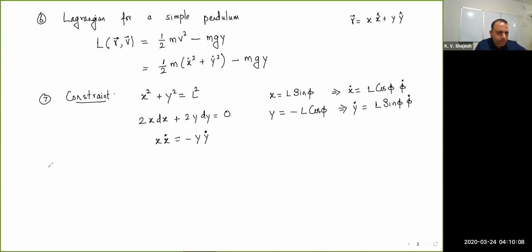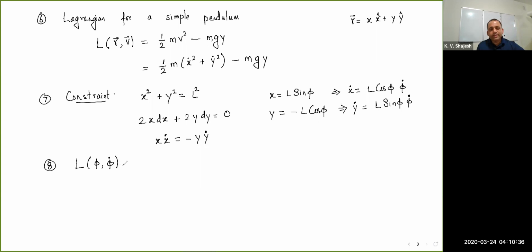That's the equation of constraint, and we immediately get the Lagrangian in terms of this. We can replace x dot squared plus y dot squared. It turns out to be L squared phi dot squared, using the x dot and y dot relations coming out of the constraint. And we learn that everything depends only on the angle phi. Phi is the important parameter. That's a generalized coordinate.